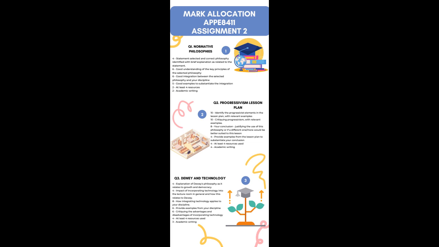All right, so once you've identified the statement that appeals to you, and you've identified the philosophy, and you've given me 3 reasons why, you're then going to go on for 6 marks. You're going to explain in a little more detail the key principles that belong to that philosophy. Again, nothing too complicated.